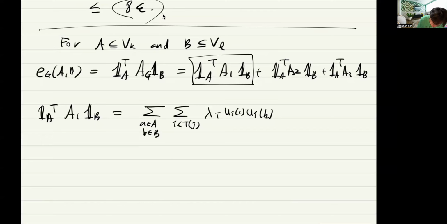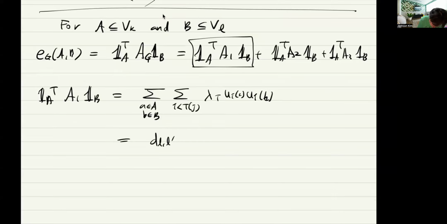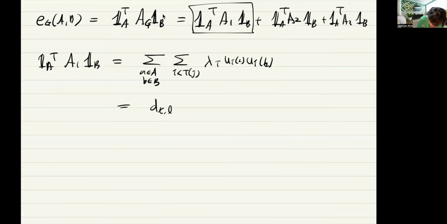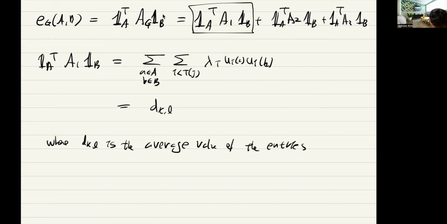If you take the average value between there, let's say e_kl is the average value of the entries in A_1 on P_k, P_l.